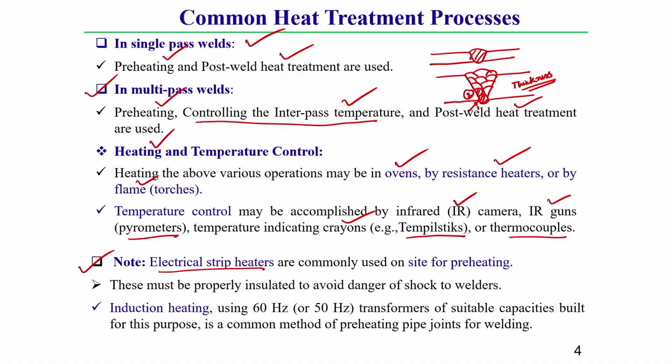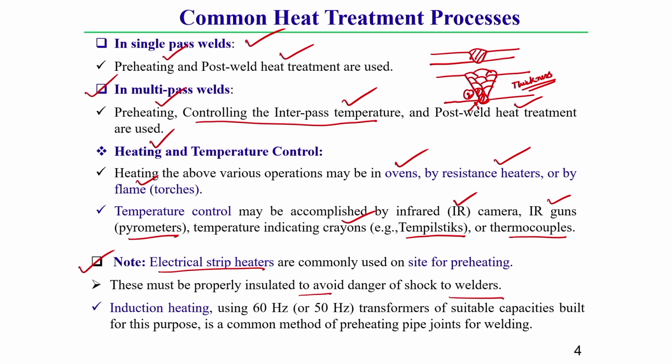This preheating is also required in some cases of steel material, especially for low alloy steel, where it is very common. One thing you should keep in mind while using an electric strip heater: it should be properly insulated to avoid the danger of shock to the welder.